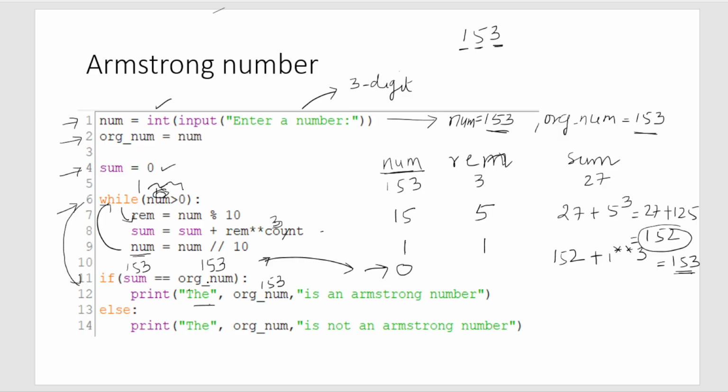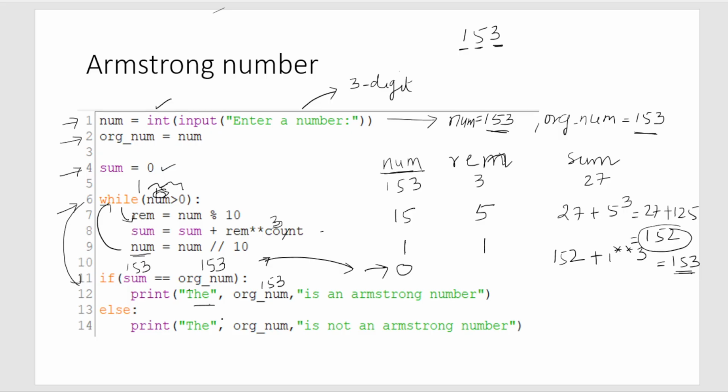In other cases, when we have taken something else like 123 or 154, this sum will never be equal to the original number. In that case the else part will be true, and you will get that 154 is not an Armstrong number, 123 is not an Armstrong number, like this.